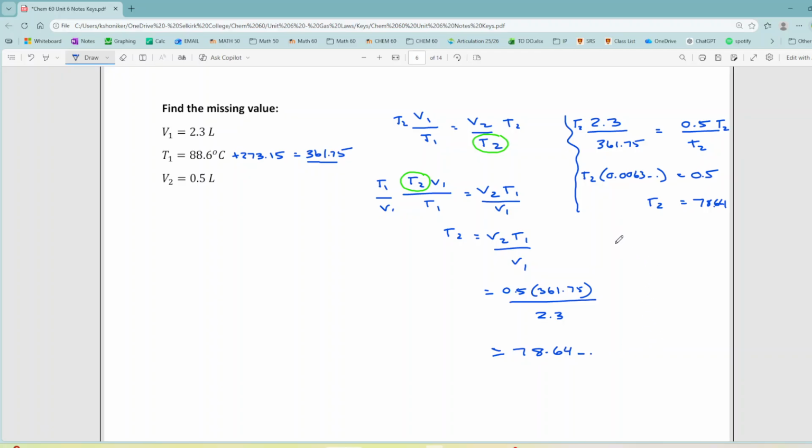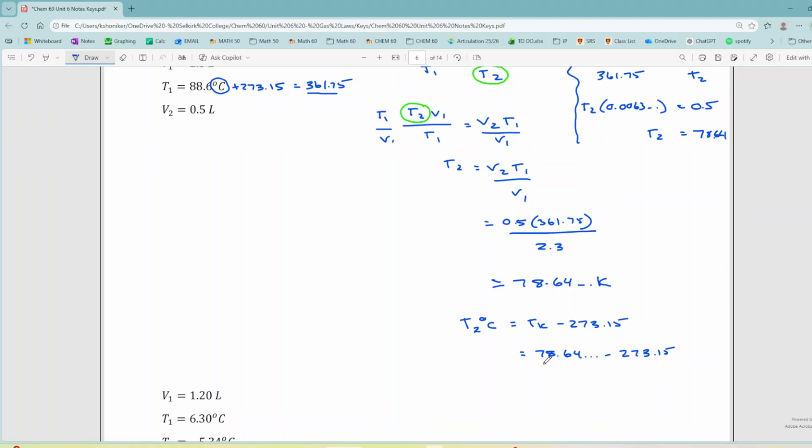But the key thing here is that this answer is in kelvins. And since my question was in degrees Celsius, I should put this answer in degrees Celsius. So my temperature 2 in degrees Celsius is going to equal that Kelvin temperature minus the 273.15. So we'll go 78.64... minus 273.15. Now let's just double check on our sig figs. I said 1, right? Okay, so we're going to go to the tens in my precision.